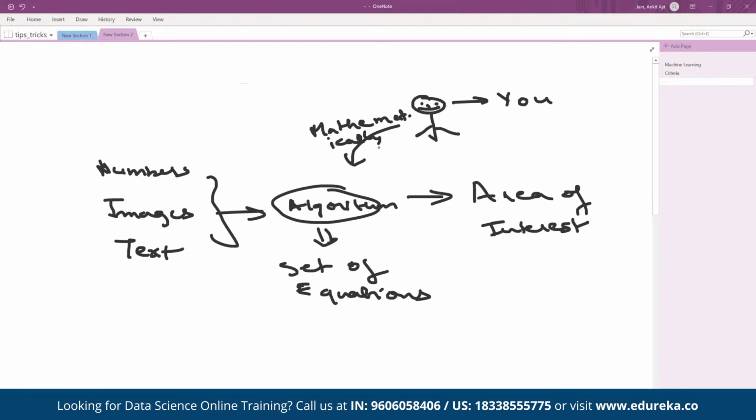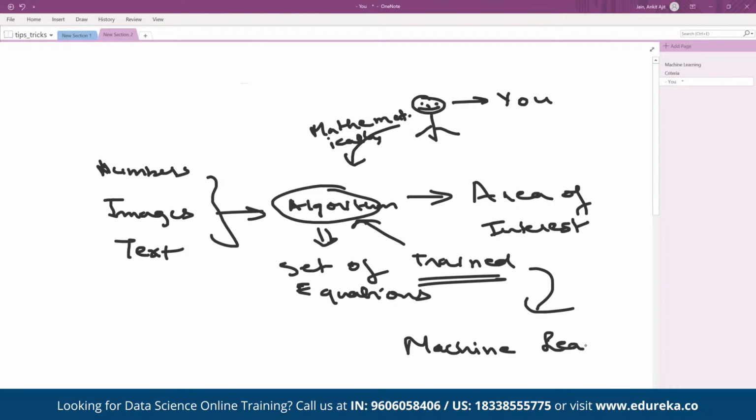Once you tell this, the algorithm will automatically understand what is the relevant part it needs to learn from these different forms of data, number, images, or text. Okay, so once this algorithm is trained, this is known as basically machine learning.